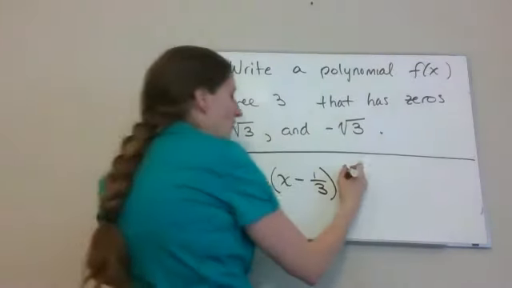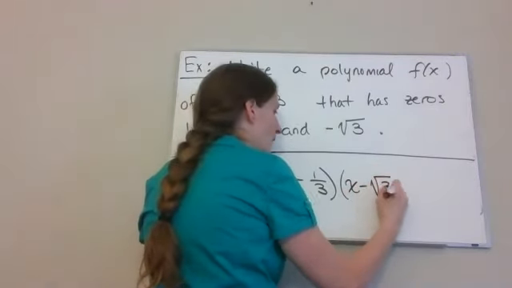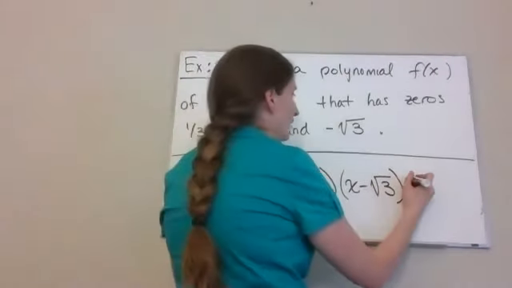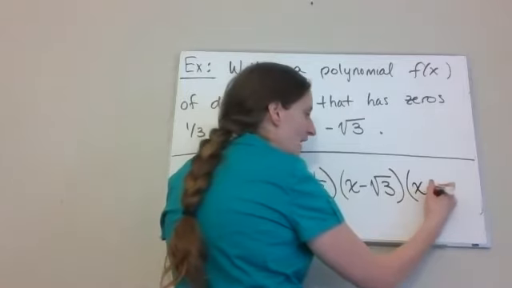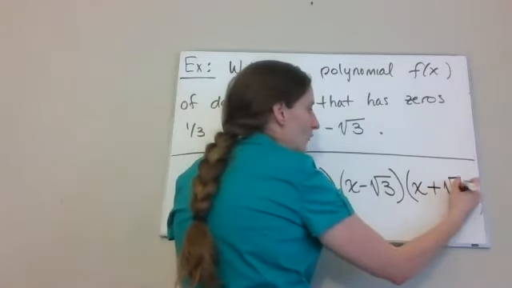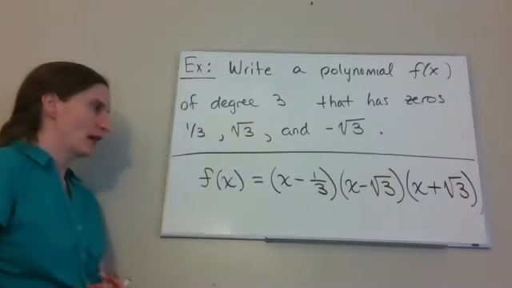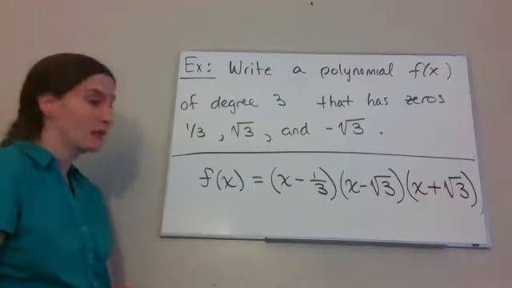I have a 0 of square root 3, so that means x minus square root 3 is a factor. And a 0 of negative root 3 means that x minus that negative, so x plus square root 3, is a factor.